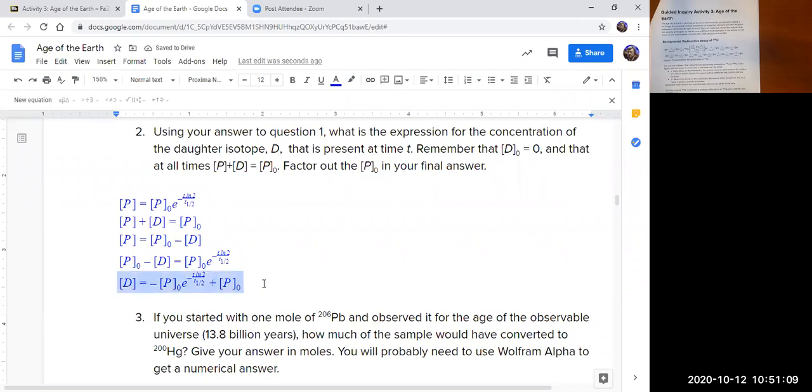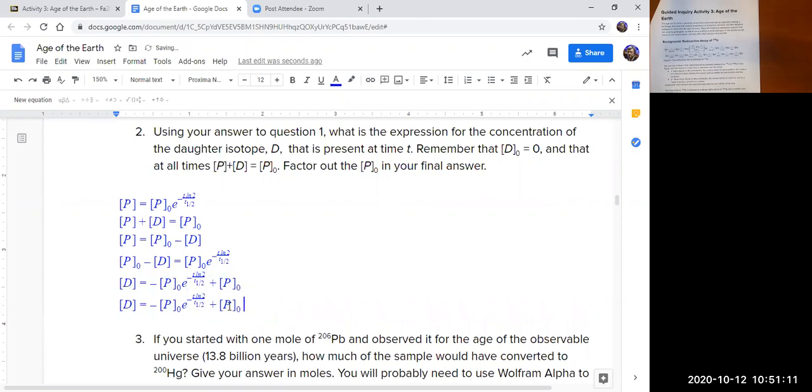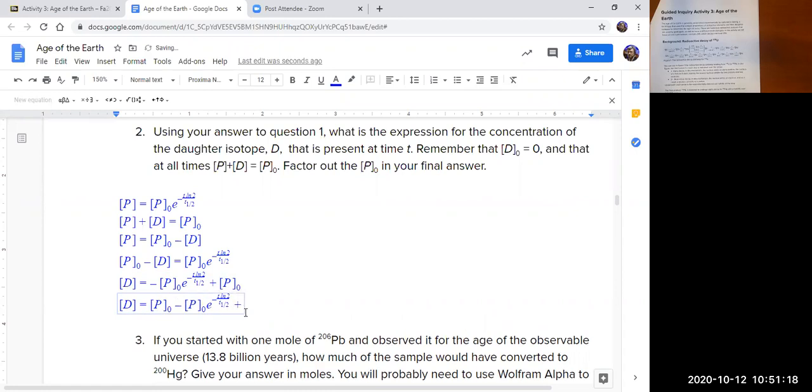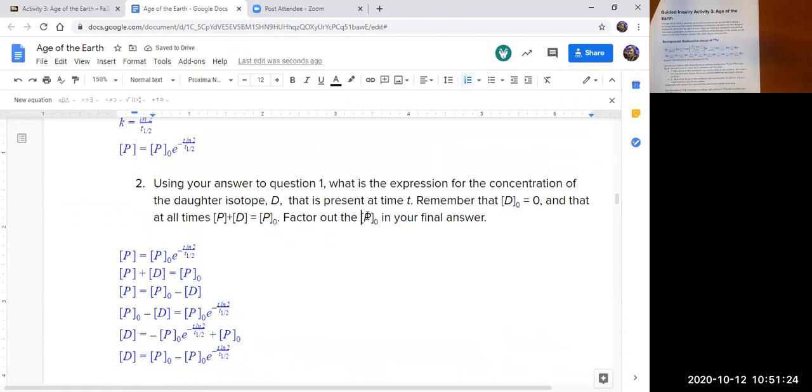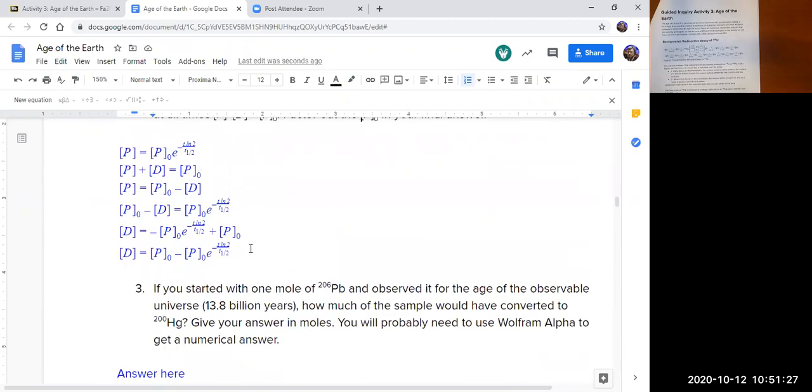I'm going to rearrange this because it's usually more convenient to have things being subtracted rather than having the -1 in front. And then it tells you to factor out the P0 in your final answer.